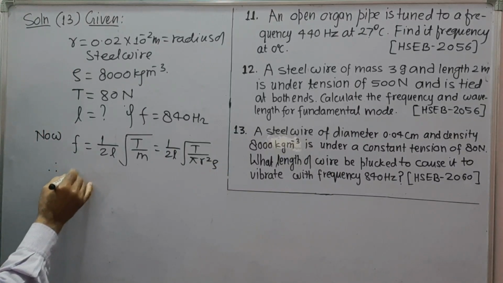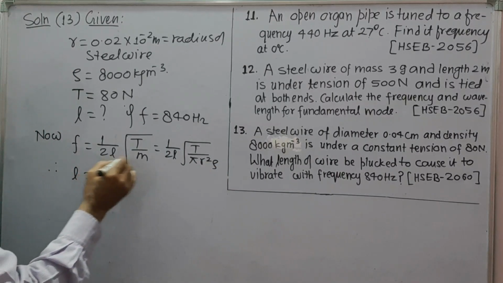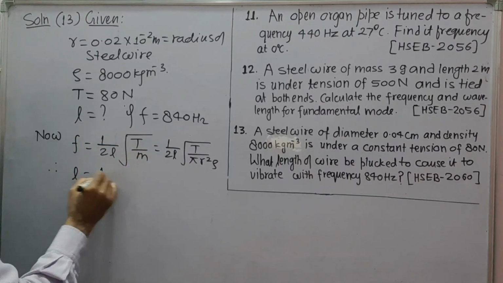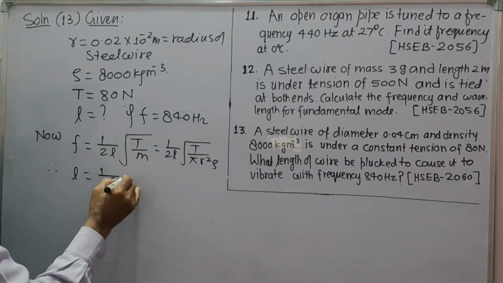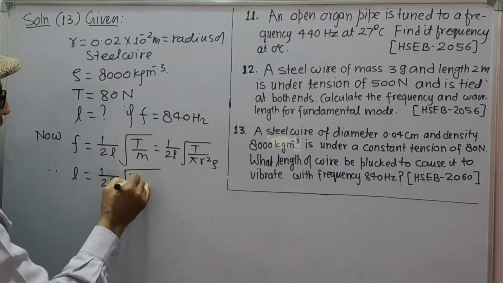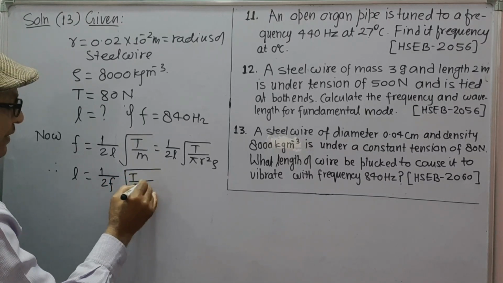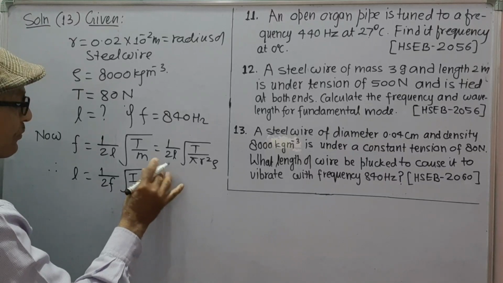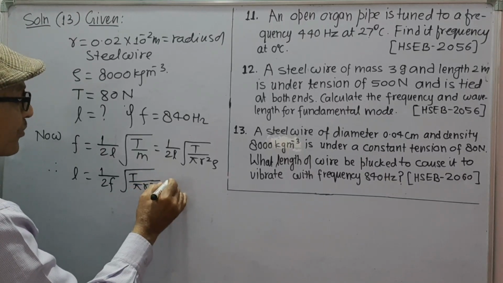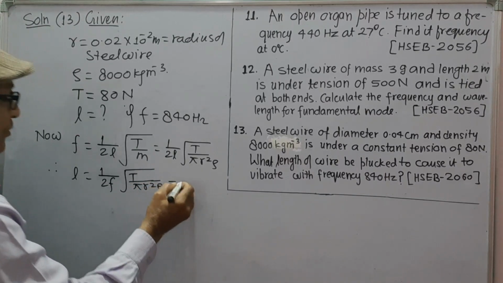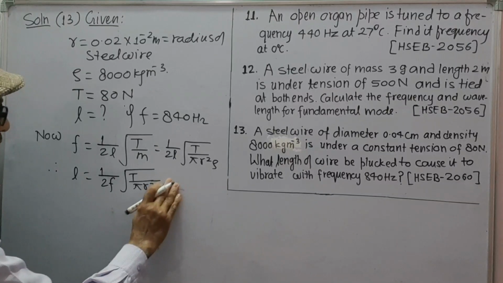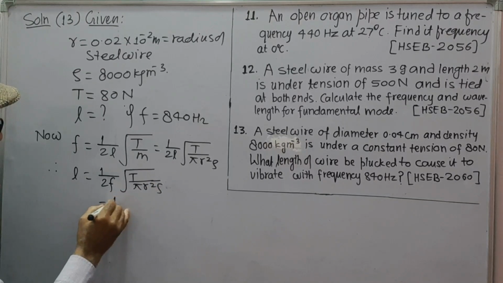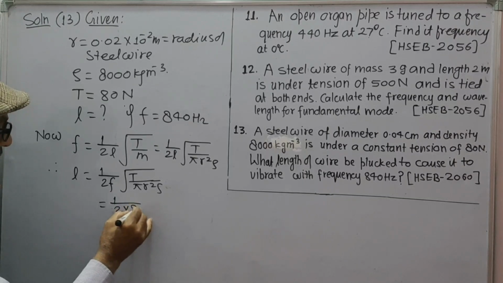Therefore, L will be equal to 1 upon 2f under root T upon pi r square into rho. Values are known. 1 upon 2 into 840.